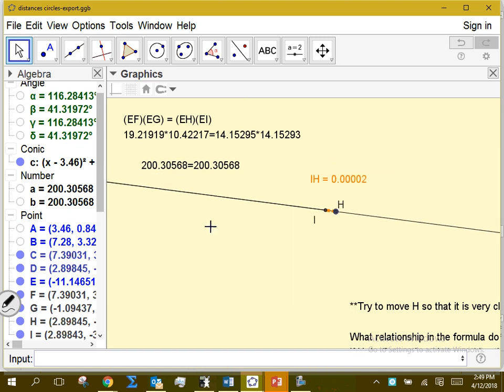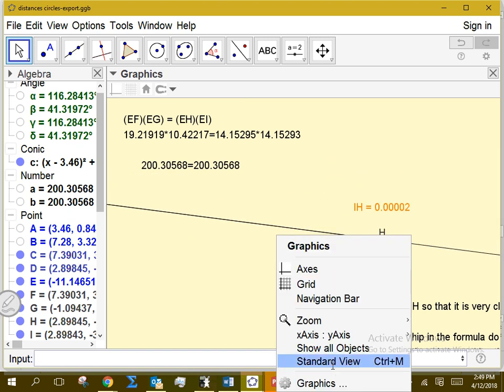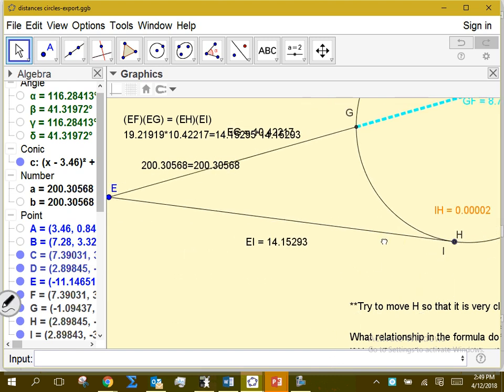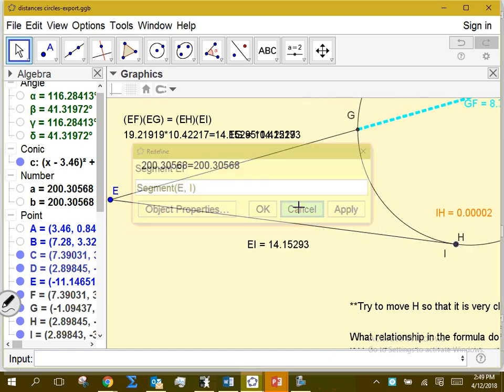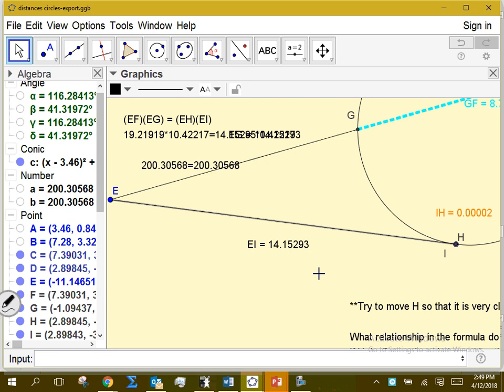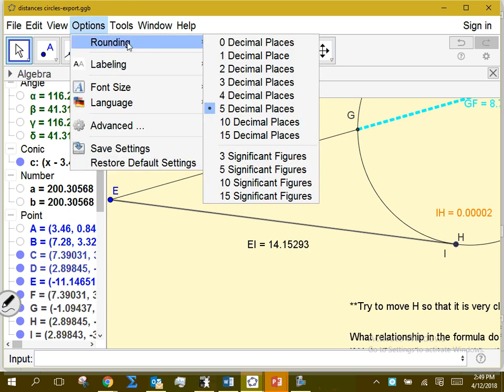Okay. But now, I'm going to zoom back out. So what I'm trying to say is that this bottom line here is still a secant. Does that make sense? Because there's still a gap between I and H, even though it's a very, very, very small gap.